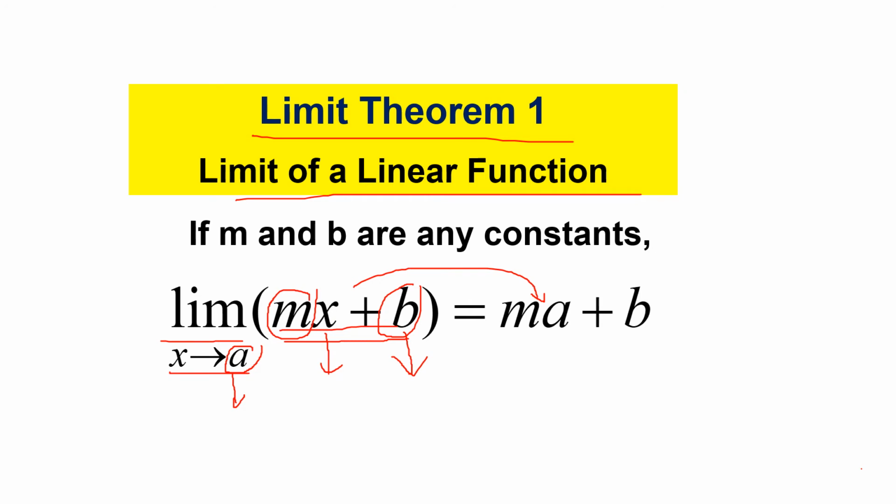There is no variation in b when x approaches a, because there is no variable x with your b. So your final answer for the limit of mx plus b when x approaches a is equal to ma plus b.